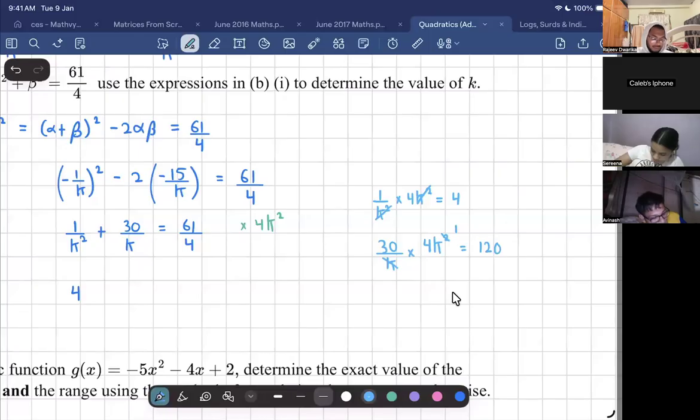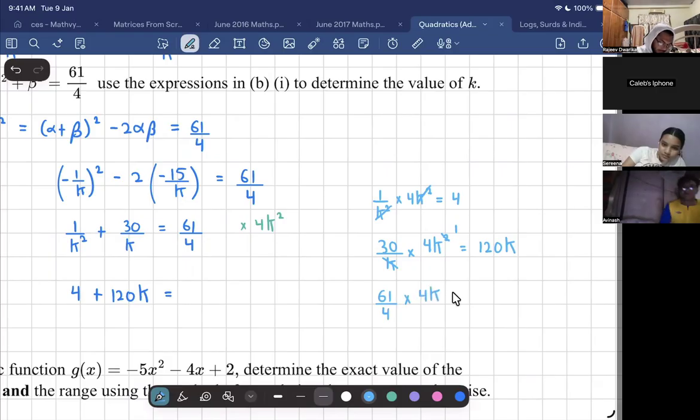And remember, one of the k's cancels off, so that's no longer k squared. 120k. So that's going to be 4 plus 120k, right? And Serena, back to you. What is 61 over 4 multiplied by 4k squared? The 4 will cancel out, so it would be 61k squared.